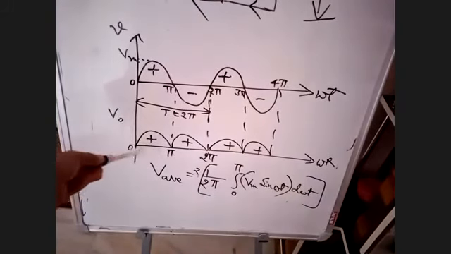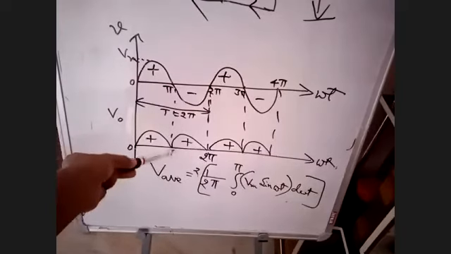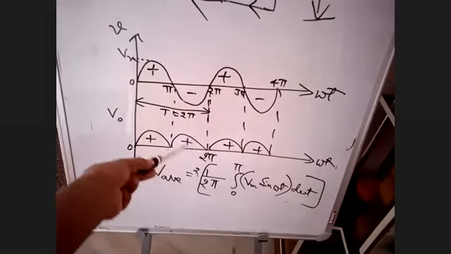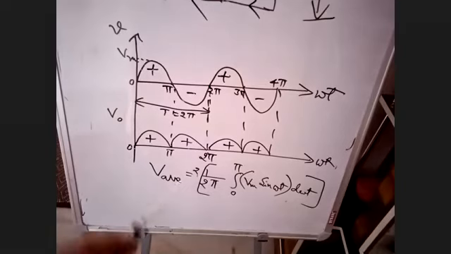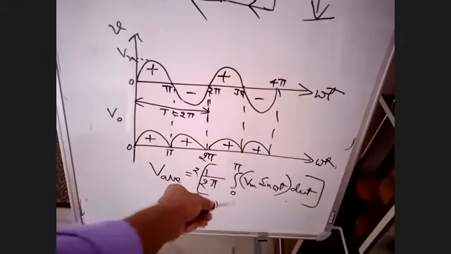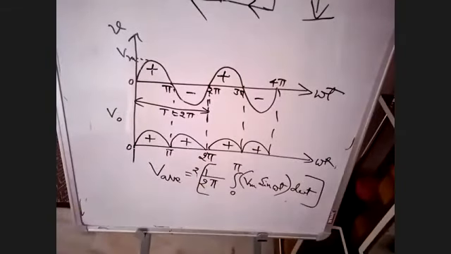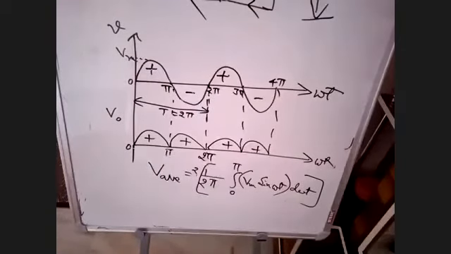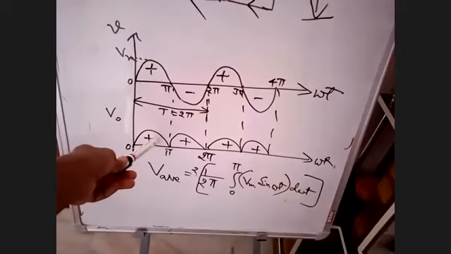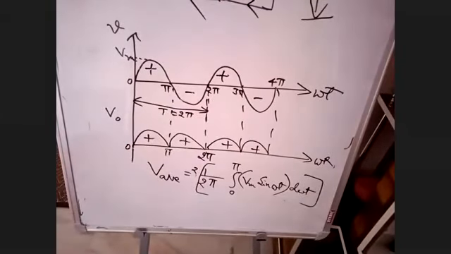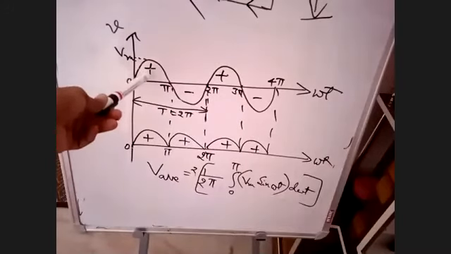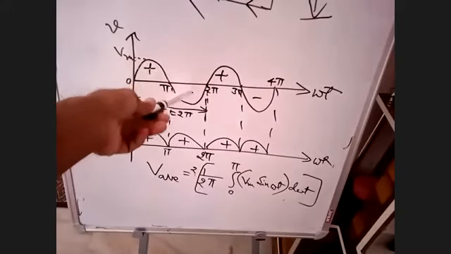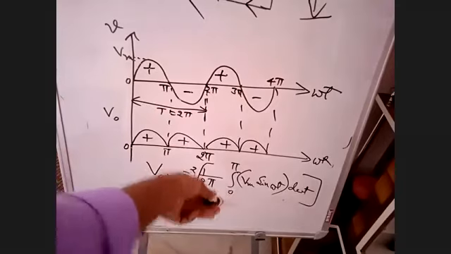This is 0 to pi, whatever voltage you are getting. From pi to 2 pi also I get the same voltage. If I take the limits 0 to 2 pi, we'll get 0. Average voltage will become 0. But here, if you see the output voltage, plus and plus, it is not 0. If you add these two, it is not 0. But in the input case, plus and minus, it will be 0. That's why I'm not taking the limits 0 to 2 pi.